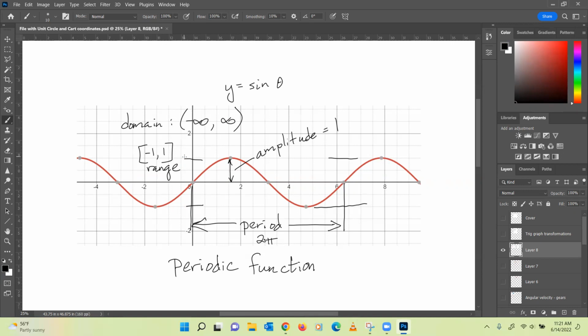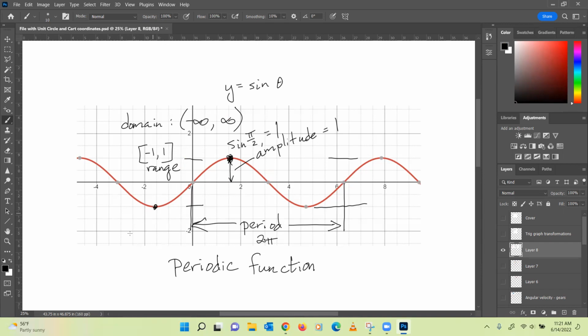Now we know the amplitude, we know the period. There's one more thing that we talked about in algebra that we need to look at here, and we'll just use pi over 2 as an example. Sine of pi over 2, and we already saw this before, equals 1.